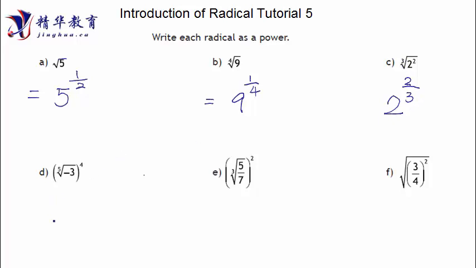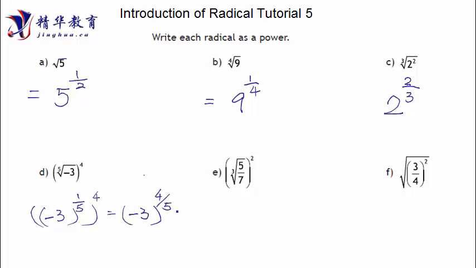Okay, next one, negative 3, with a 5th root and a power of 4. We can do it to the power of 1/5 and then to the power of 4. If you check my exponent videos, power of power equals power multiply. So it equals negative 3 to the power of 4 over 5.